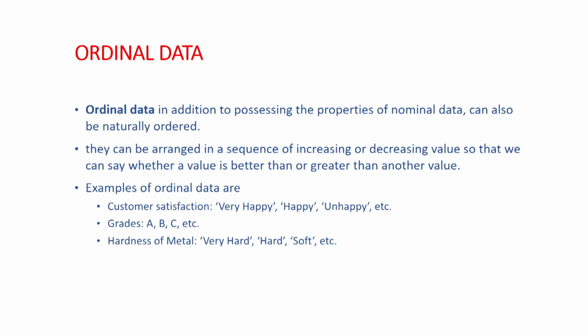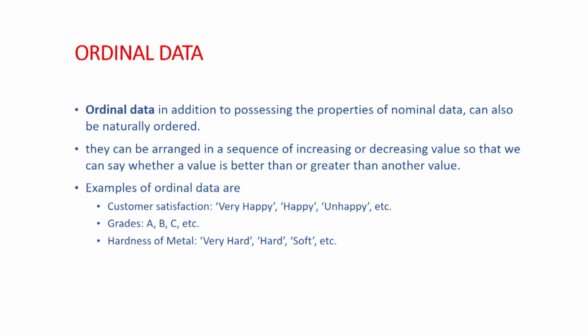There is a natural order in the values of the ordinal variable. Like customer satisfaction: if we have values like very happy, happy, unhappy and so on, there is a natural order among these. We can write them in one order.